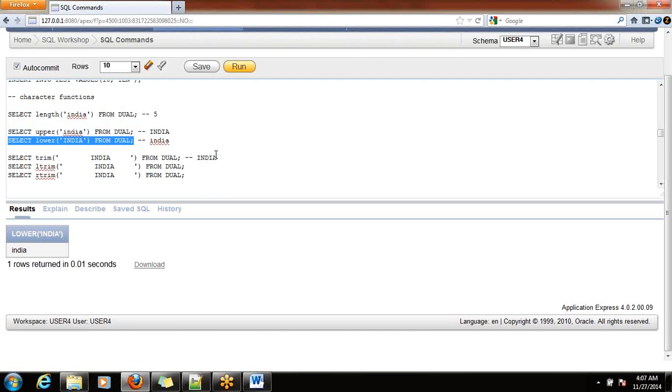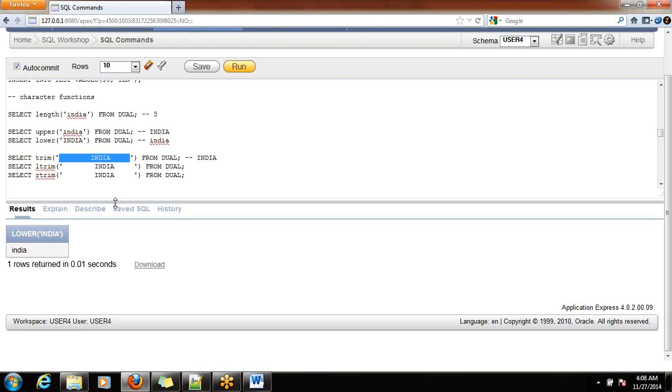Now observe, we have a function called trim. The trim function will remove the extra spaces present on the left side and right side of a string. Here you can see the entire string. India are the actual characters.